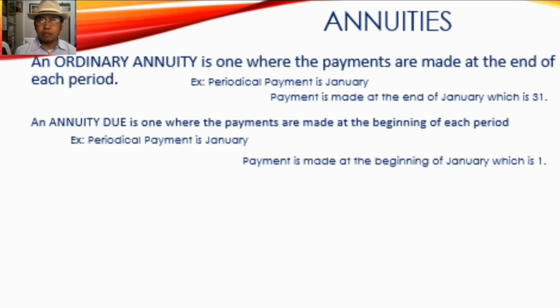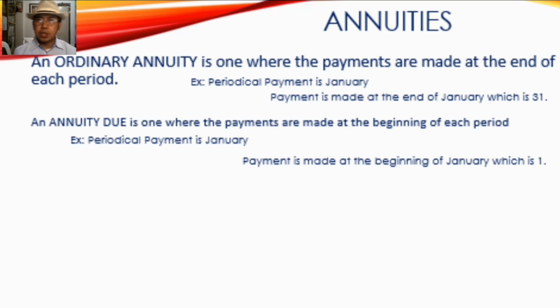It is more advantageous to me as a borrower. Now, what if you are the lender? Of course, I will select annuity due. Why? Because if the payment is given in advance, I can make use of that payment in other business transactions, such as lending this advance payment to others, and I will earn more interest.